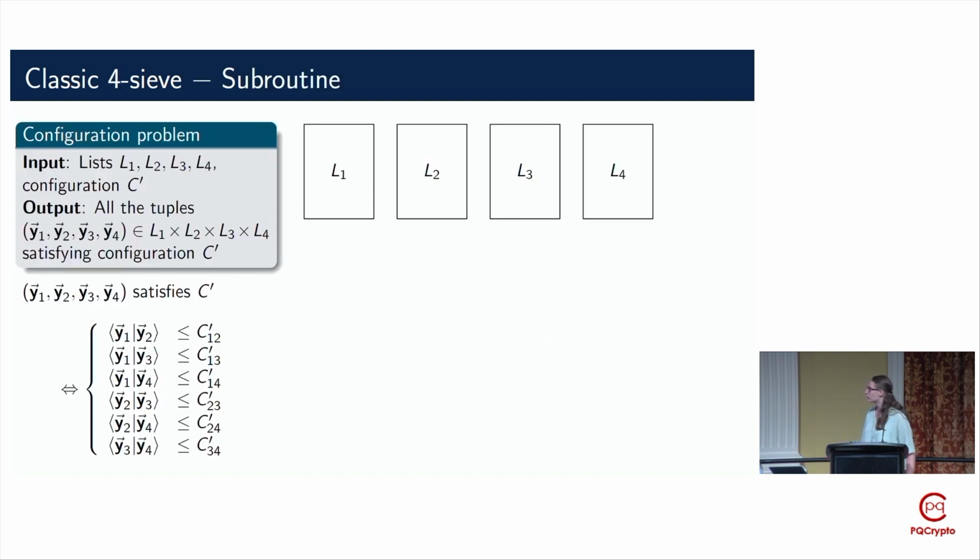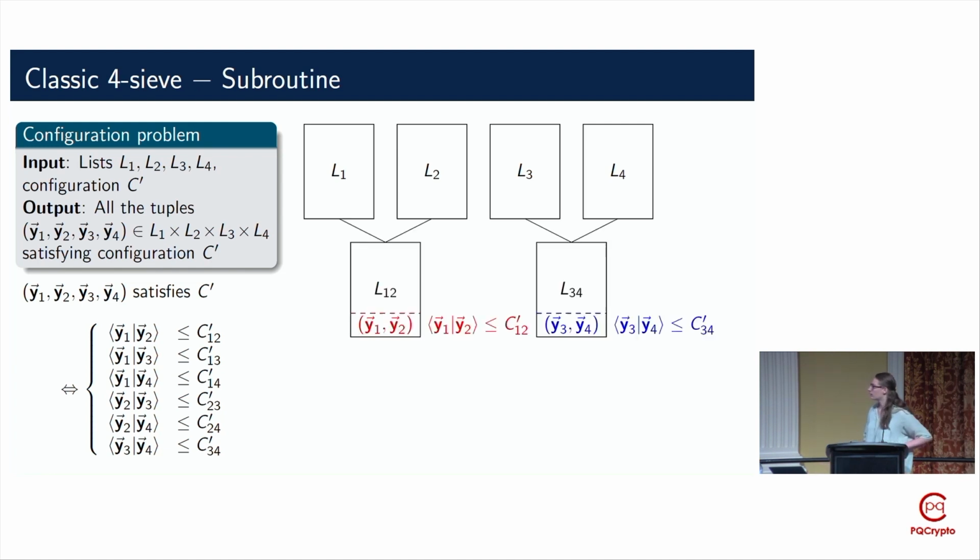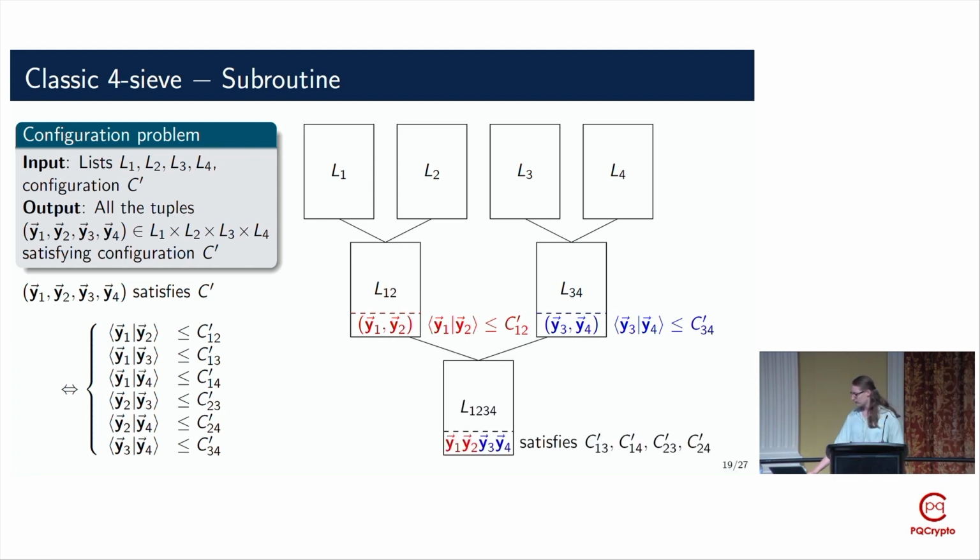So for the four-sieve, we have this list under all the configuration constraints to satisfy. So here the strategy is to do two separate two-sieves and then merge the lists together.